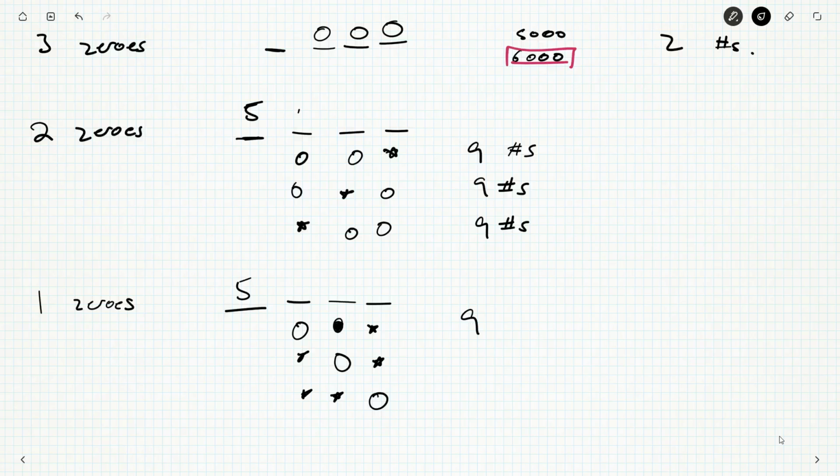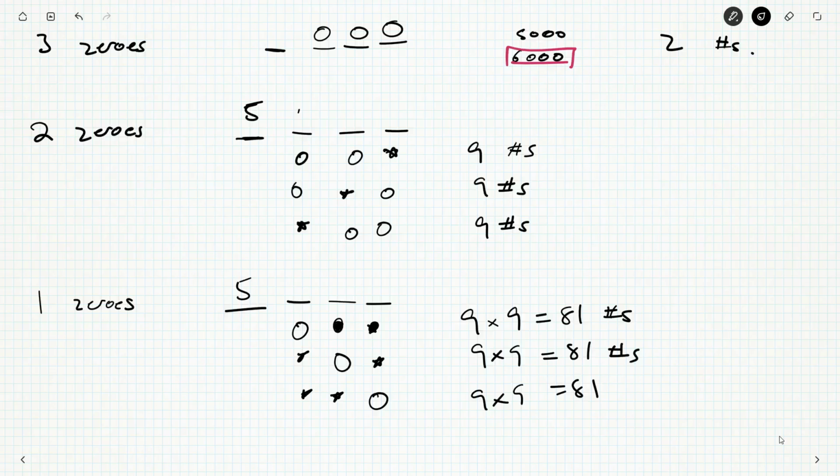Anything from 1 to 9 would do. And then we could also have 9 for the second one. Anything from 1 to 9 will do. So we actually get 81 different numbers. Everything from 5,011 to 5,099, not including the multiples of 10. We still have 9 choices for each star here. So we get 81 new numbers, and we can't have 0 zeros, because otherwise the product wouldn't be 0.